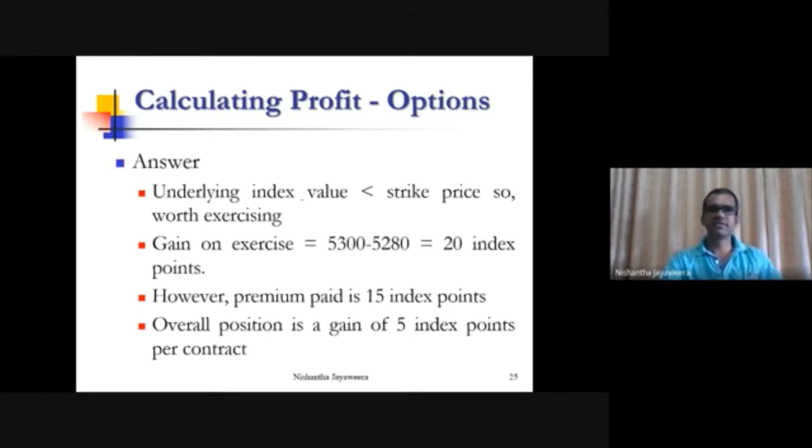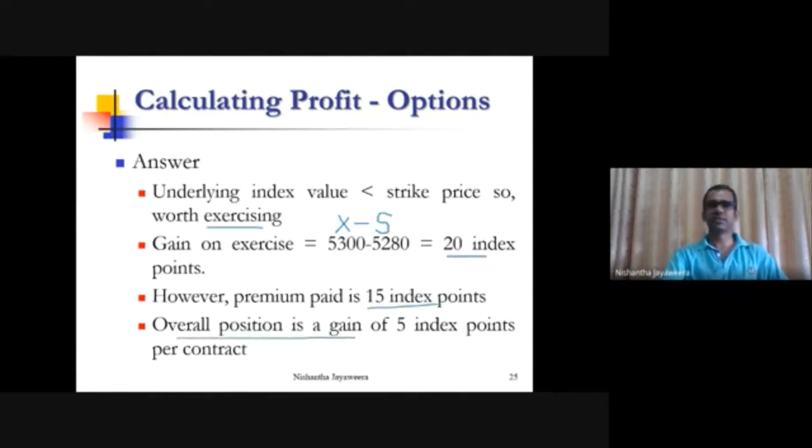So the underlying index value is less than the strike price, so you should exercise your right. Gain on the option exercise is the difference between the strike and the spot, so you get 20 index points. However, you paid the premium of 15 index points.